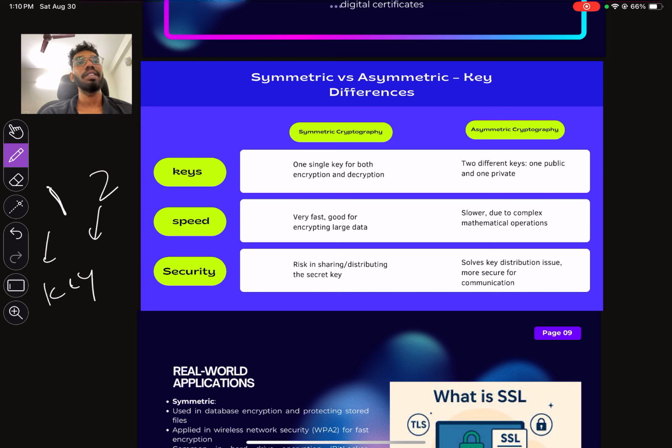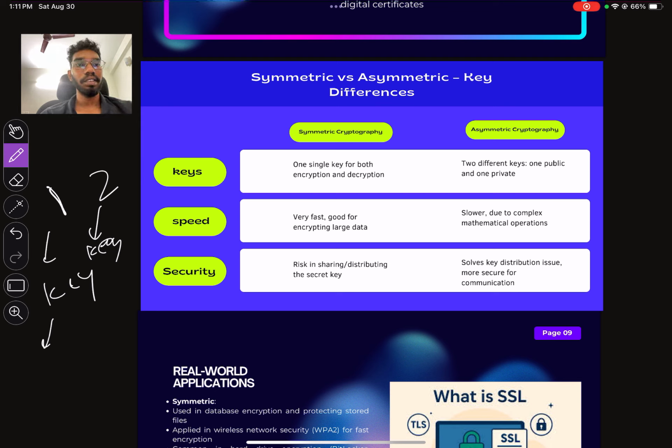Speed: since symmetric uses only one key, it's very fast and very good for encrypting large data. Asymmetric is slow because it uses two keys and is very complex, so it can be used for very secure transmission of data.